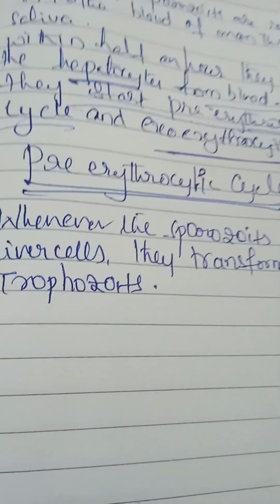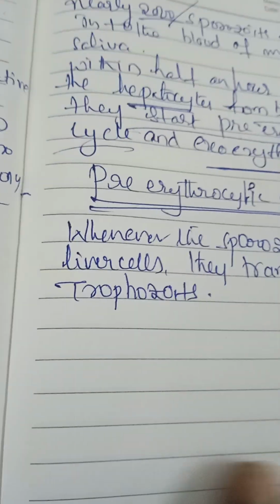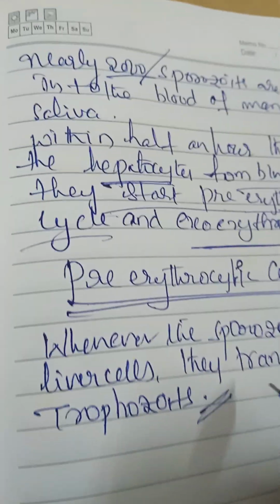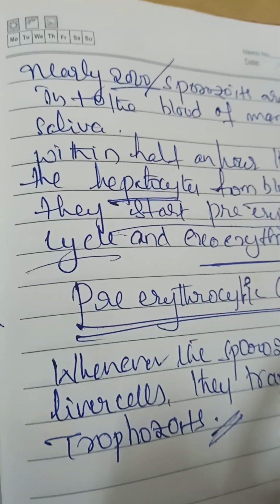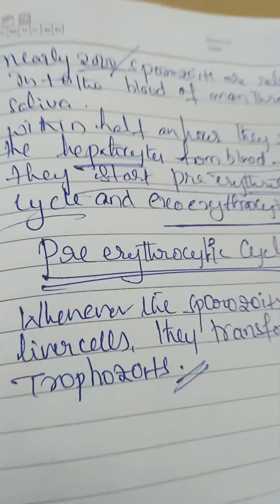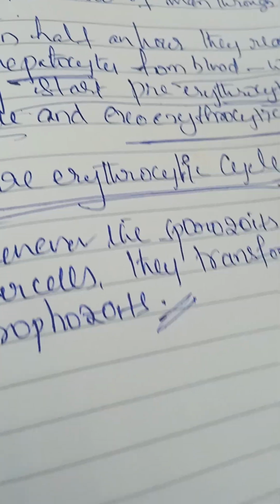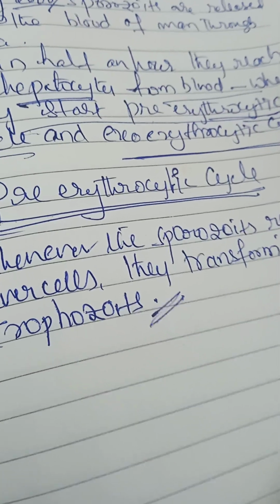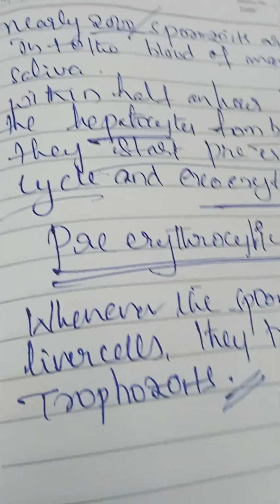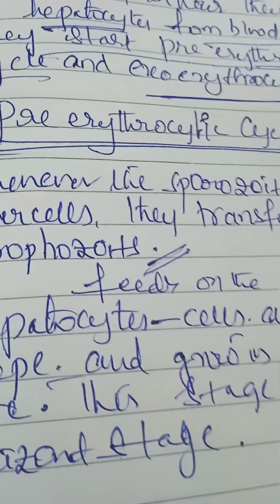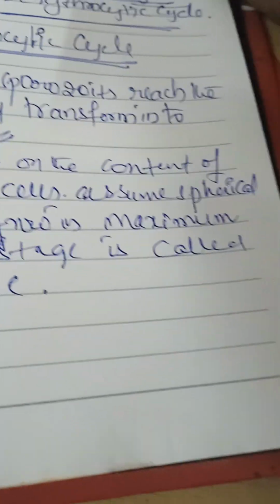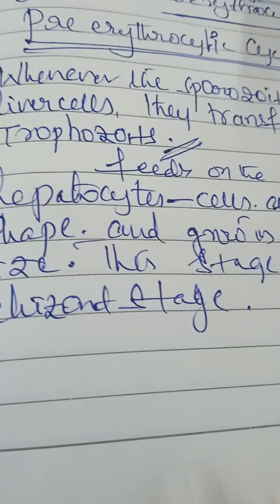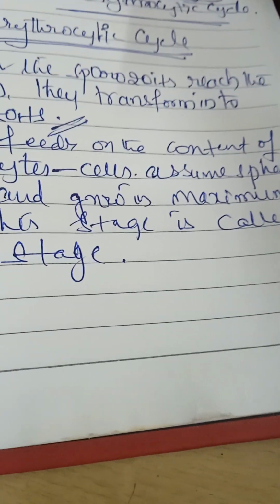These trophozoites feed on the contents of the hepatic cells, assume a spherical shape and grow to the maximum size.